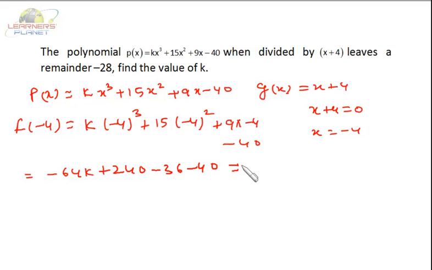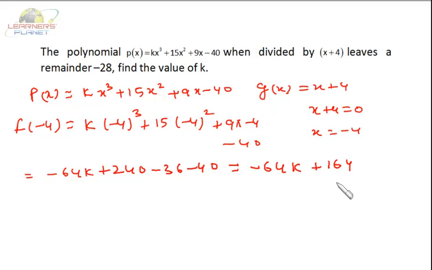So finally we are getting minus 64k plus 164.